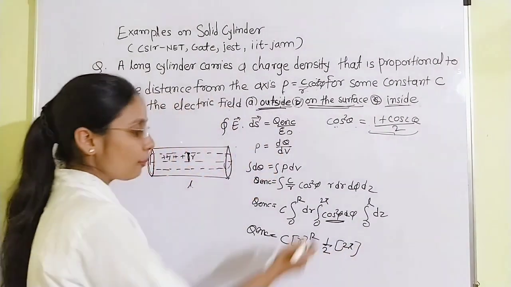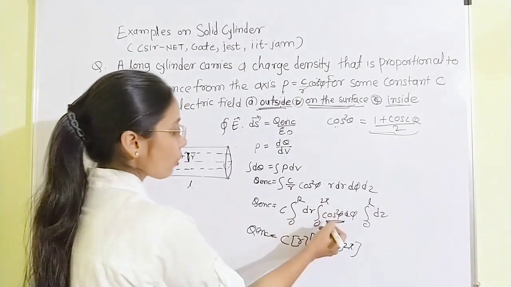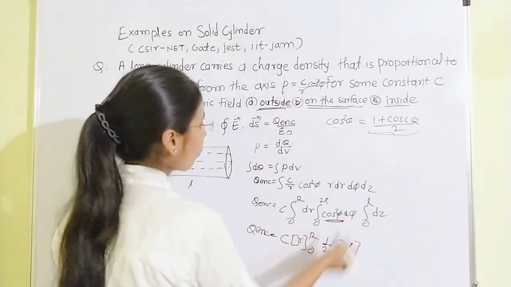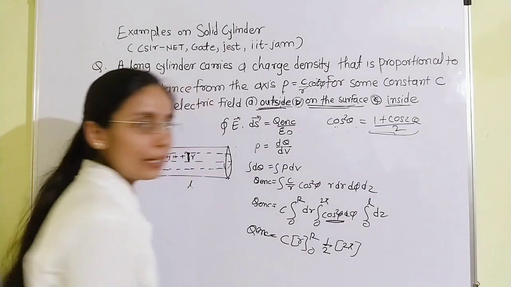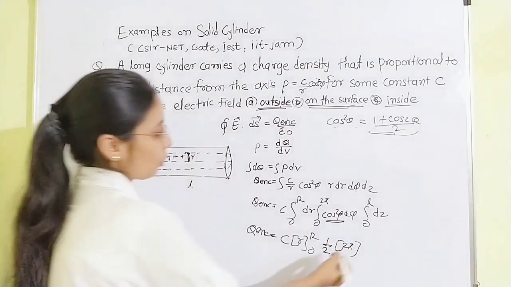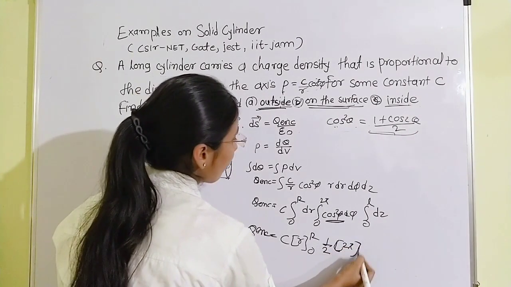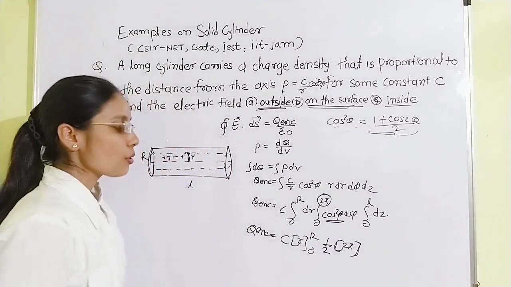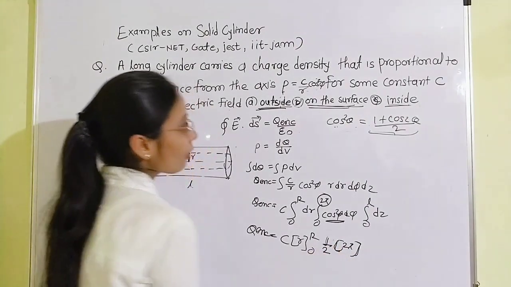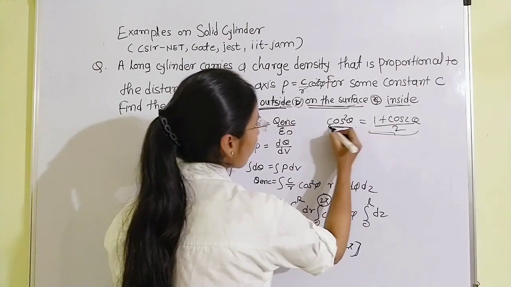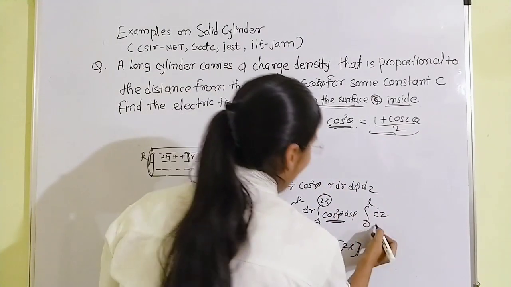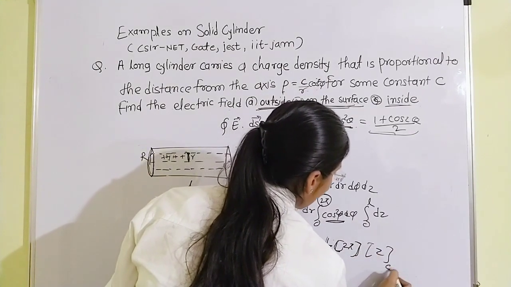So this is 1 by 2 into the limit of this integration. In that way we can write. Otherwise you can solve this using the formula cos square theta is equal to (1 plus cos 2 theta) by 2. And this is the z, so this is 0 to L.